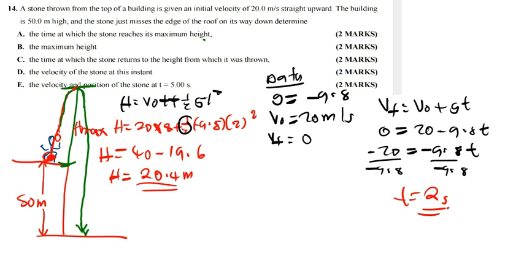Try. So 0.5 is half times 9.8 times 2, then square it. 19.6. Is that okay? So that's the maximum height reached by the ball, by the stone. You're okay there, right?